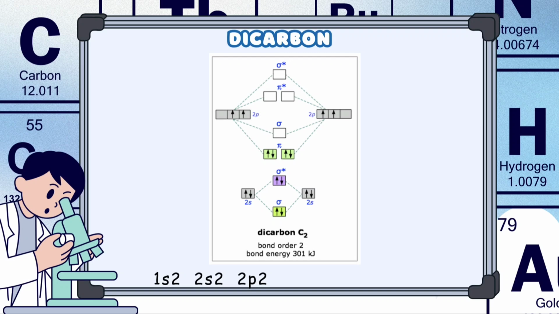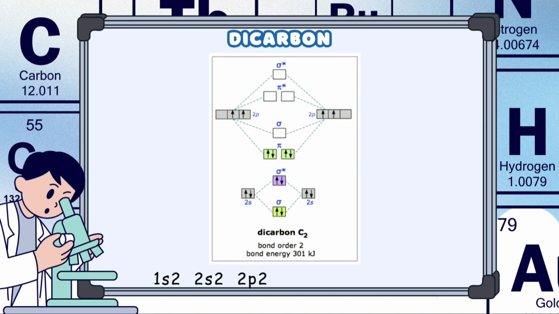In the 2p orbital, we are given two electrons on each carbon atom, so overall we have four electrons to join together. We can see here that the pi orbital is side by side while the sigma orbital is joined together.